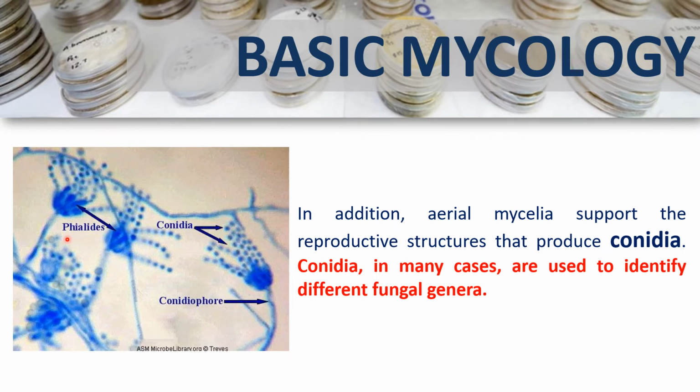So, for example, this one, class, this is a typical characteristic of your Aspergillus species. And then different species of your Aspergillus have a different pattern for your conidia. So, for example, we have your Aspergillus niger, Aspergillus fumigatus, and etc. But take note, class, for mycology, conidia alone cannot be solely used to identify species level of your fungi.